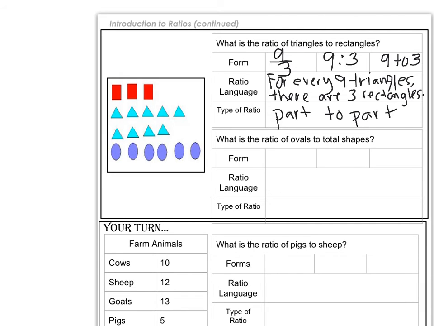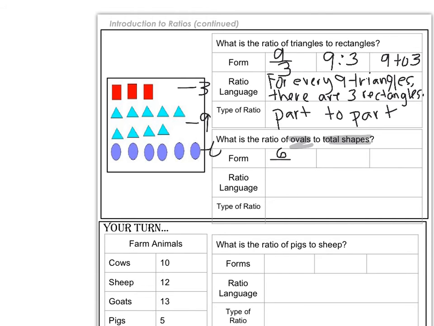The next one is wanting to compare ovals to total shapes. Okay, well, let's count how many ovals there are. There are 6. So we're going to use a fraction for the first one. So it's going to be 6 over. And this is total. So that means we need to add them all together. Well, there's 3 rectangles. There's 9 triangles.